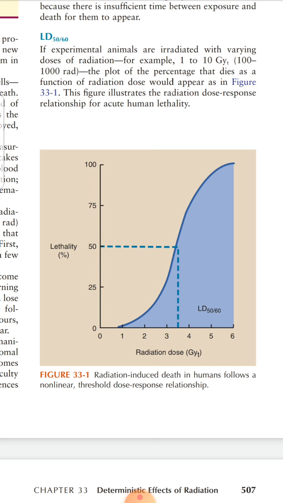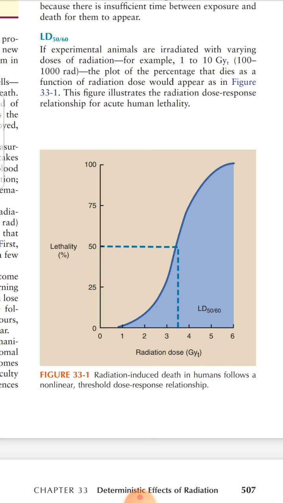Another important point that we studied is that we have additional measures as well. First, LD 50/60 is the quantitative measurement of acute radiation lethality rate, and we talked about additional measures as well.